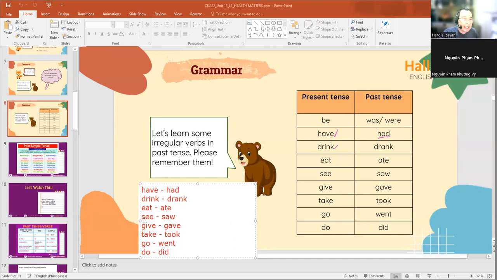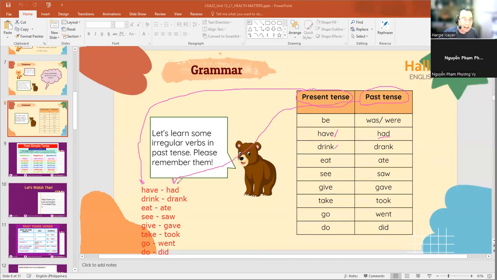Okay, again, V. Have, drink, eat, see, give, take, go, do are all, we call these the present tense. Okay, remember that, huh? These are all the present tense. And then had, drunk, ate, saw, gave, took, went, and did, these are all in the past tense.